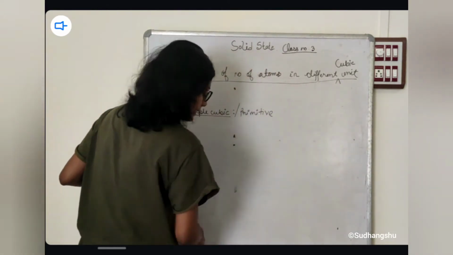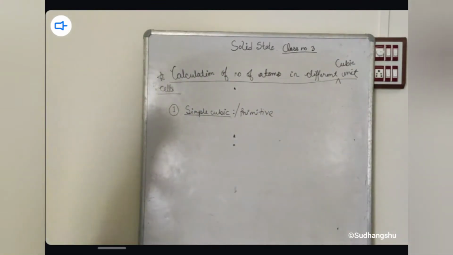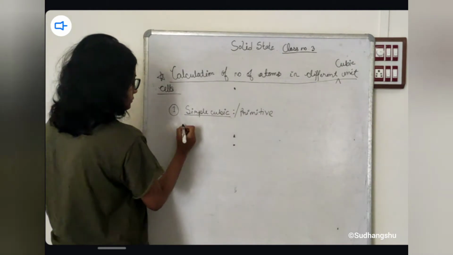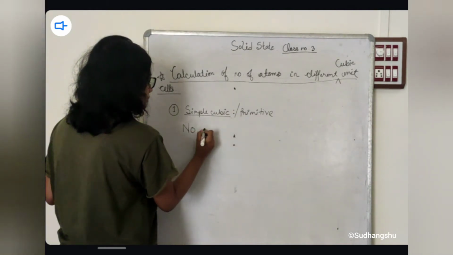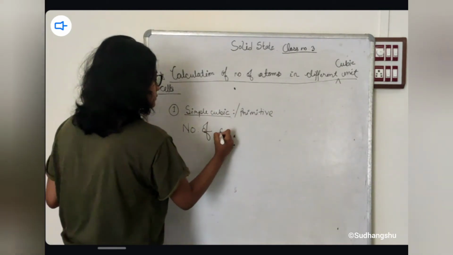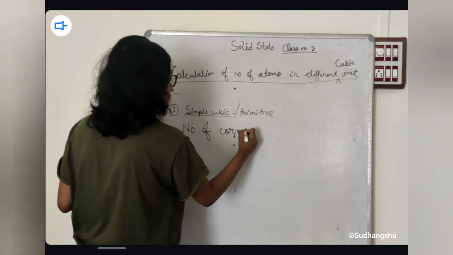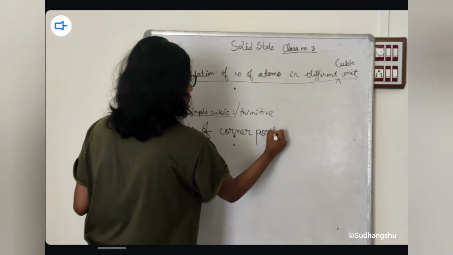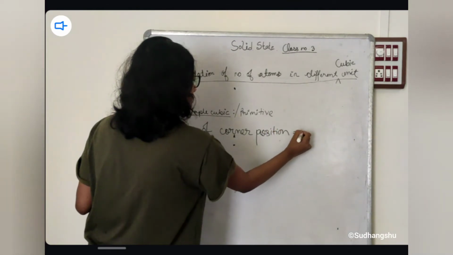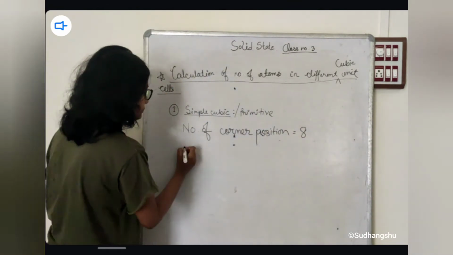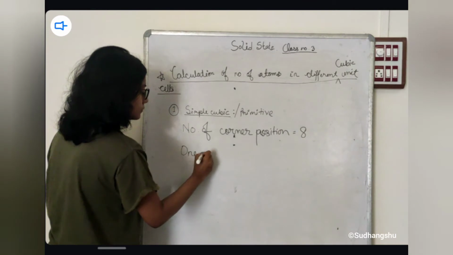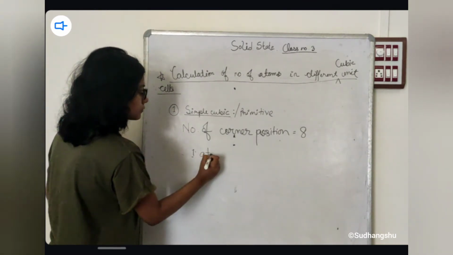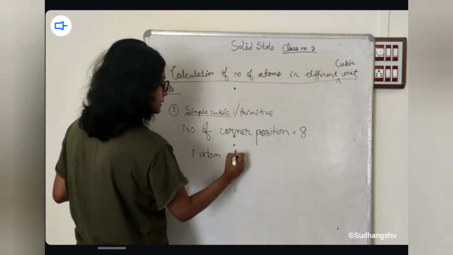So we'll write it like: number of corner positions is 8. One atom at corner.